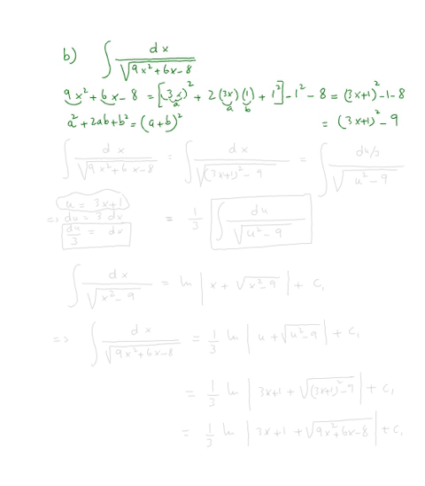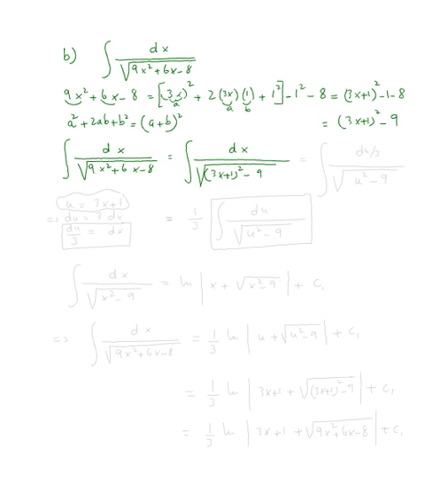Okay, now let's try to evaluate the integral. This is the integral of dx over the square root of 9x squared plus 6x minus 8. This is equal to the integral of dx over the square root of (3x plus 1) squared minus 9.